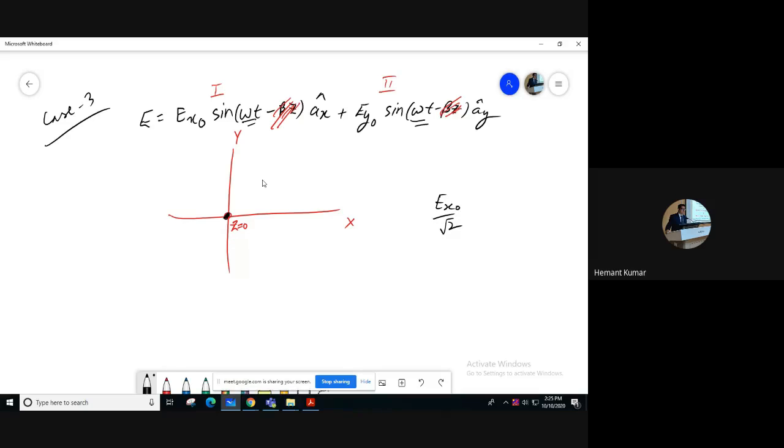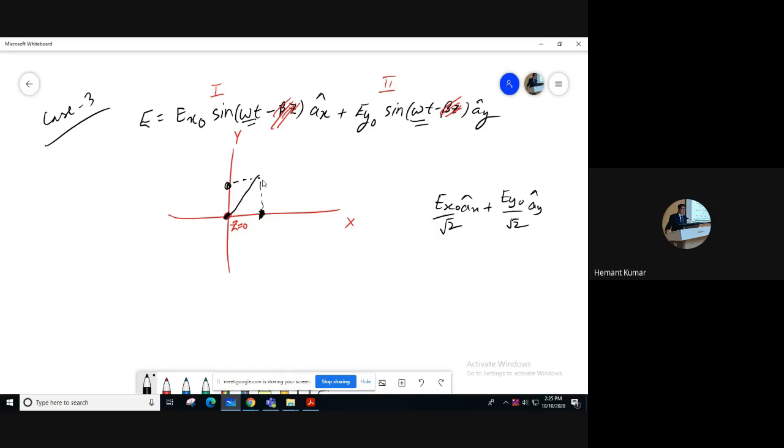This component will become E y naught by root 2. So you will get like this, right? Sorry, this is for pi by 8. So you will get this in the x direction, this component in the y direction, and the net value will be this, right?